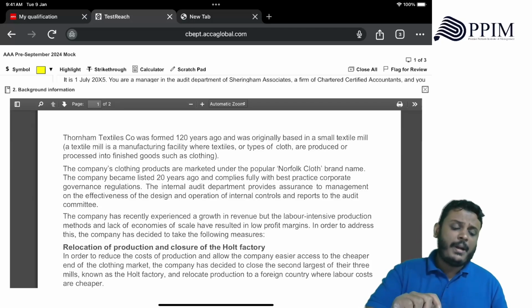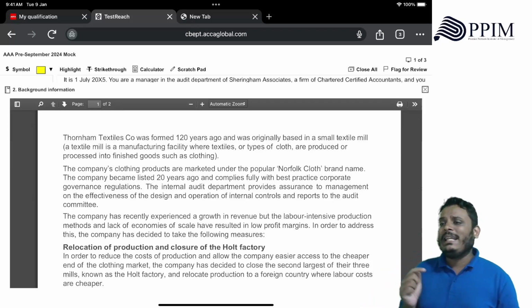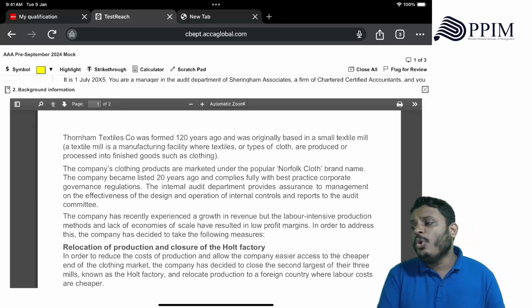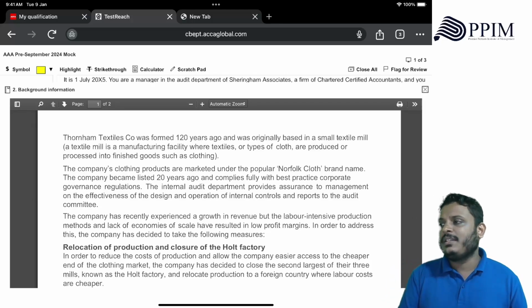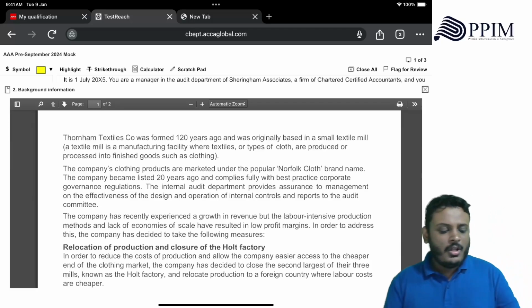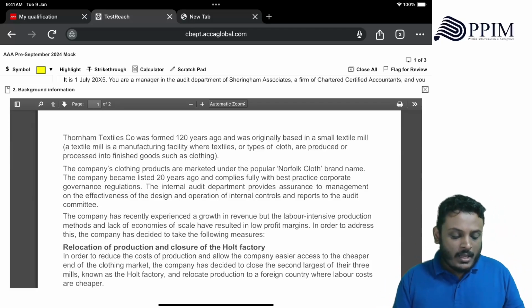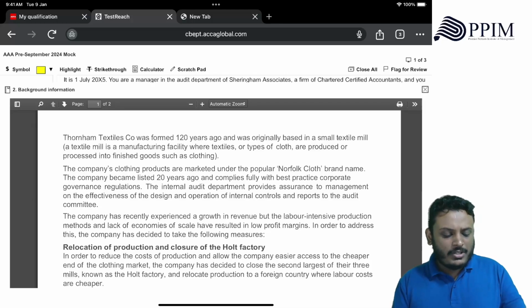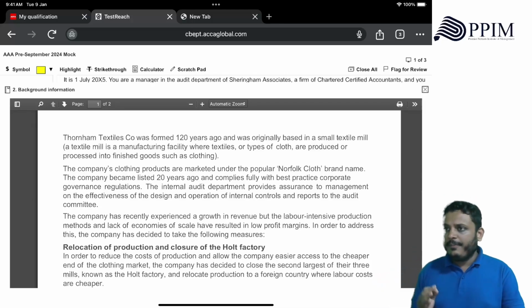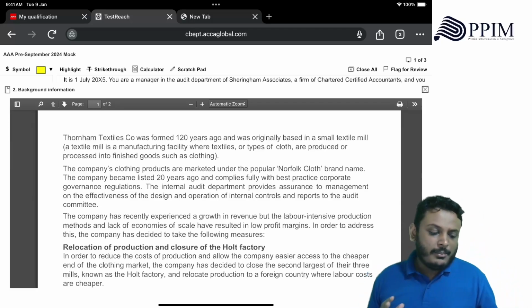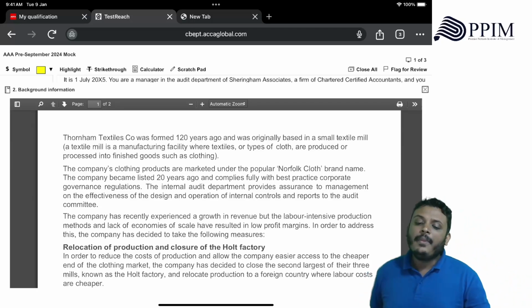Understanding that problem primarily depends on to what extent we know about the company. That is important. Therefore, when we are reading this particular scenario, background information, try to develop a clear understanding about the particular company.